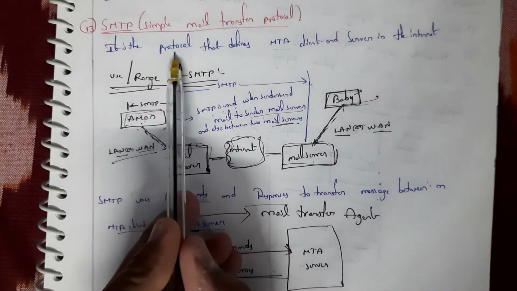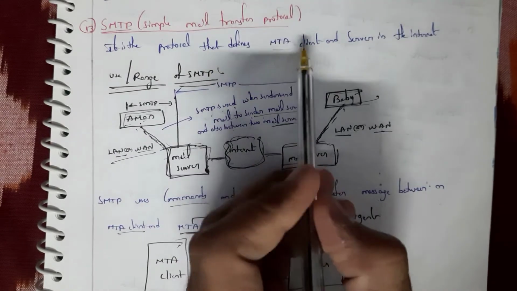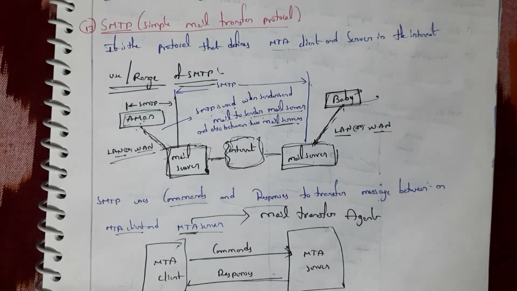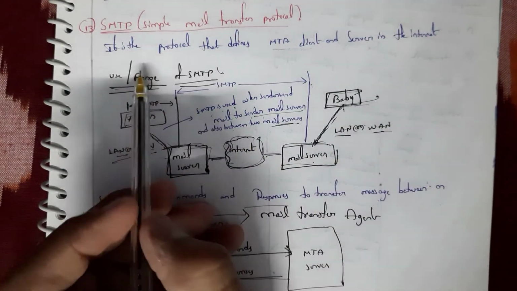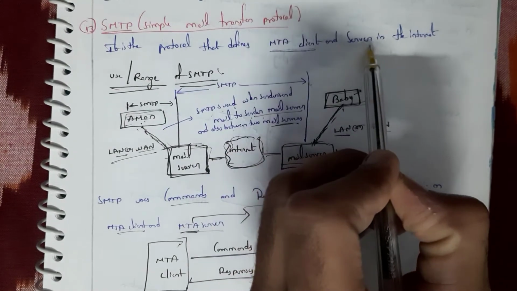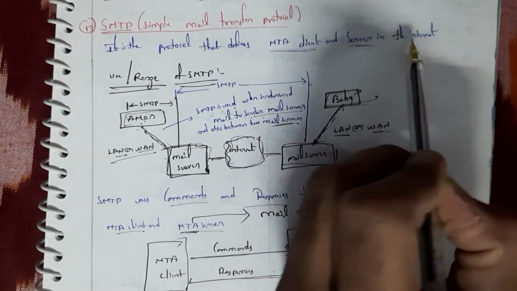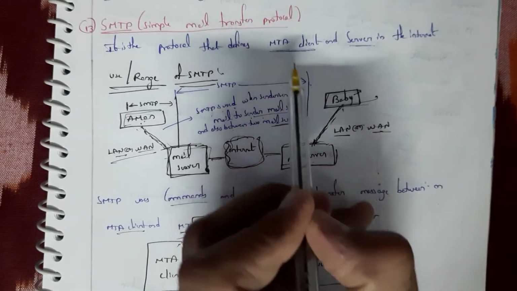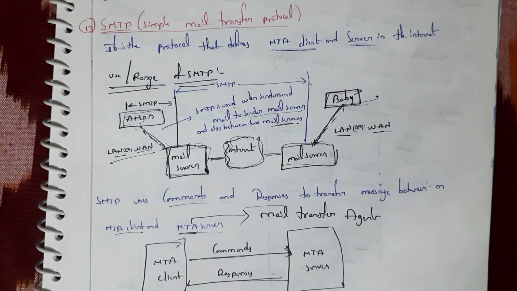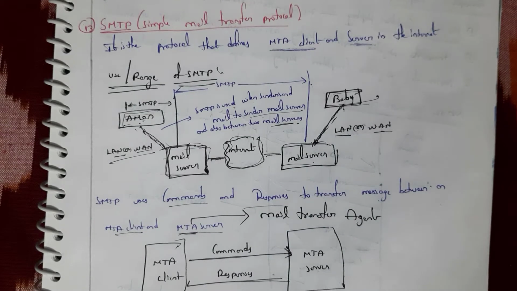It is the protocol that defines the MTA client and server in the internet. The client is the person who is sending mail, and the server is the one who provides services to this client. MTA stands for Mail Transfer Agent.